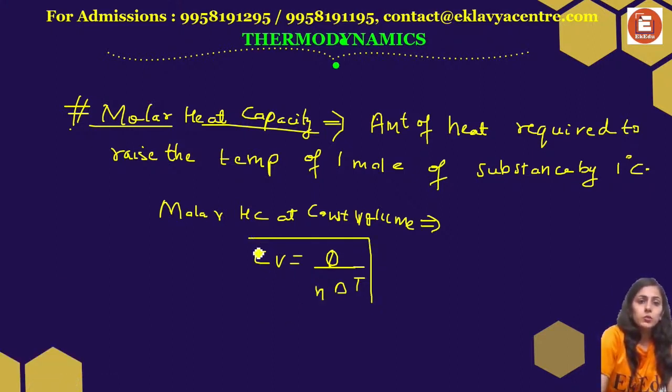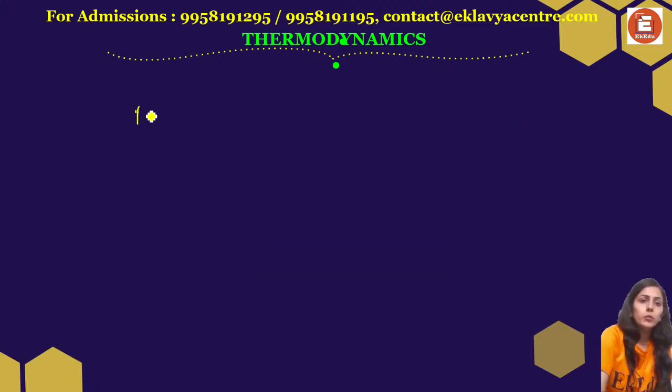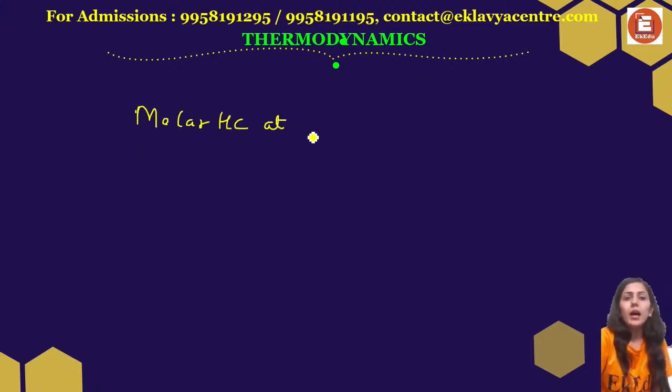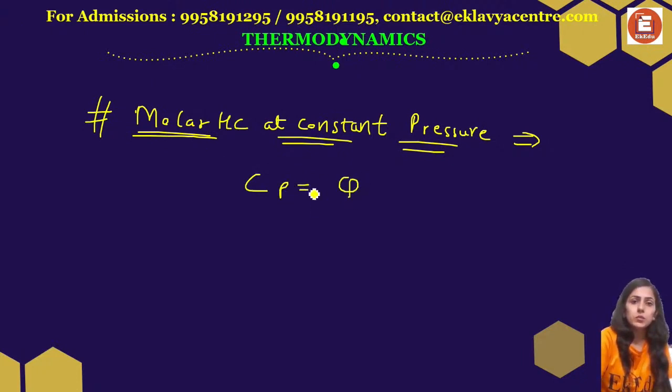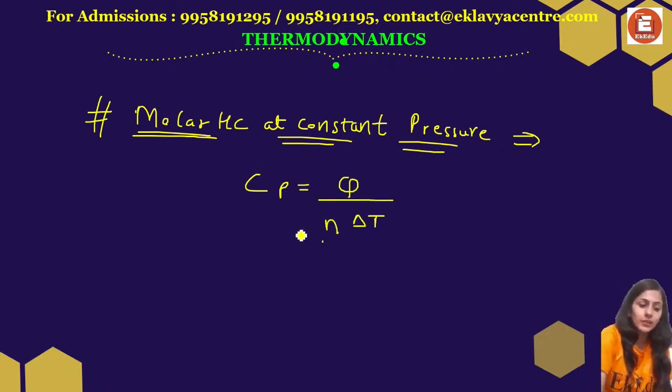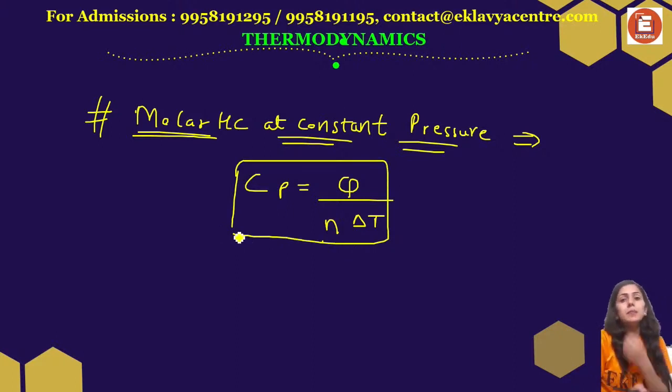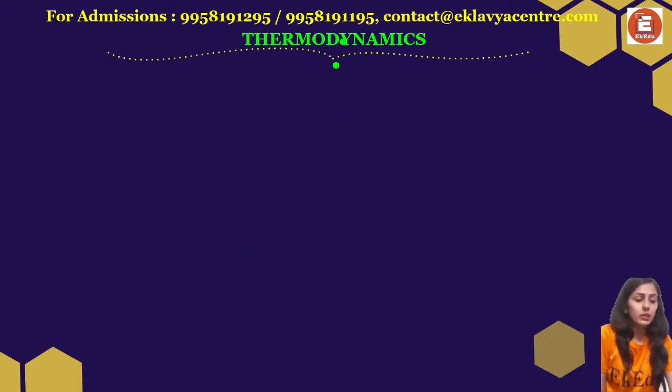Next, molar heat capacity at constant pressure, Cp, is equal to Q by n delta T. Now specific heat capacity is for 1 gram of a substance and molar heat capacity is for 1 mole. So let us find the relation between the two with the help of a numerical.